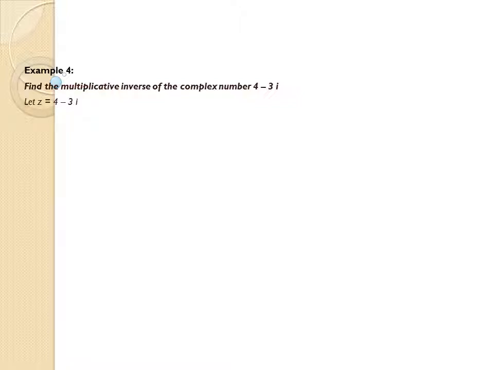Next example, find the multiplicative inverse of the complex number 4 minus 3i. Let's see how to find the multiplicative inverse. Let's consider z equal to 4 minus 3i. The conjugate of z is 4 plus 3i, and modulus of z square equal to 4 square plus minus 3 whole square, that is 16 plus 9 equal to 25.